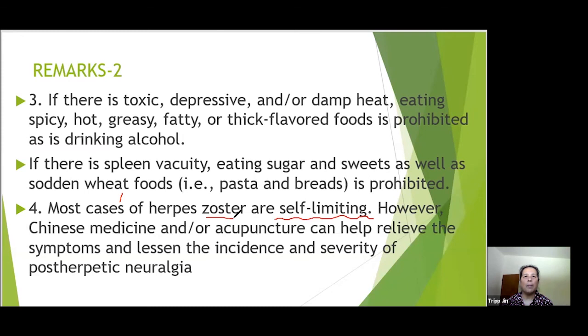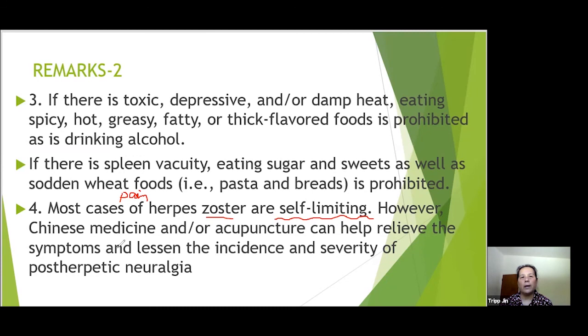So the patient gets a painful situation, then skin rashes and blisters, and then they will heal by themselves. Generally it's not that severe a problem. But the pain is the main problem, because it makes the patient feel sick and affects the patient's daily life. It's always sharp.